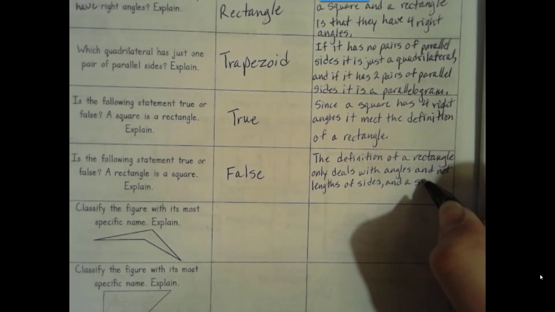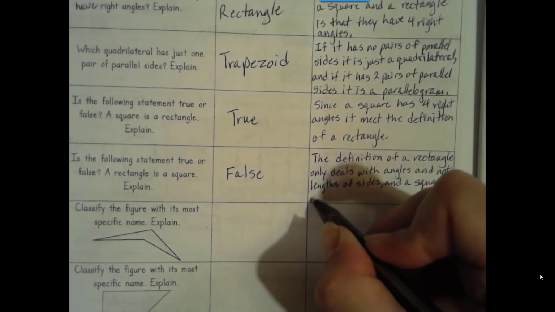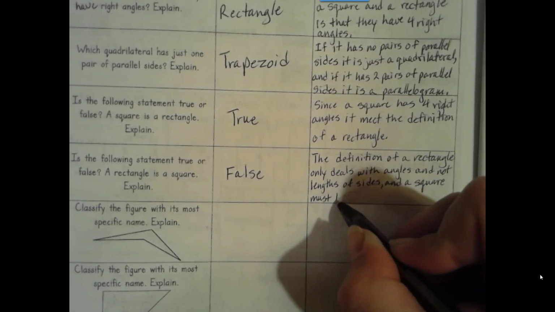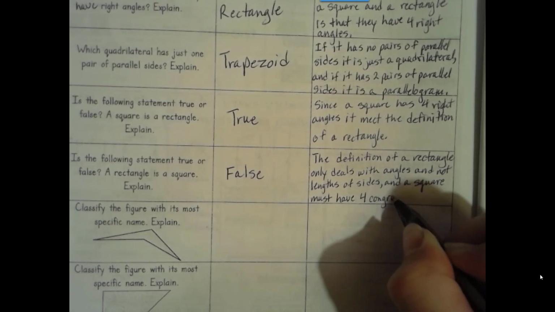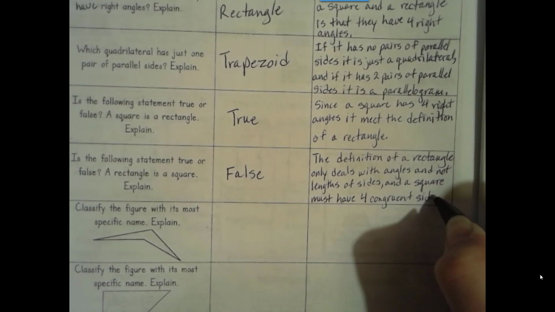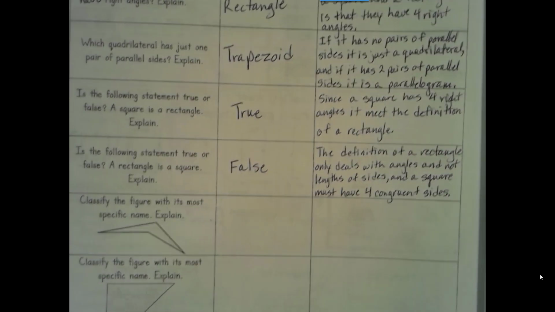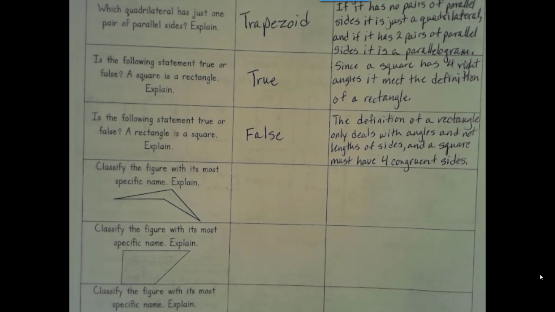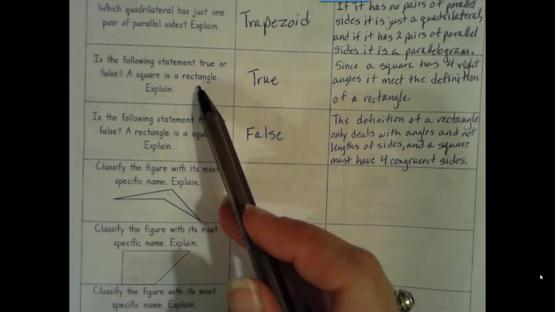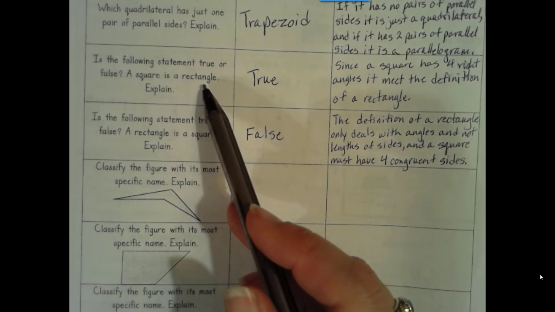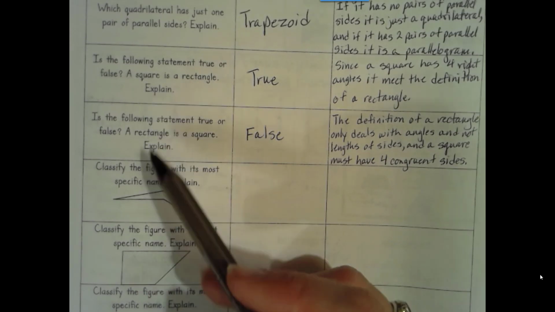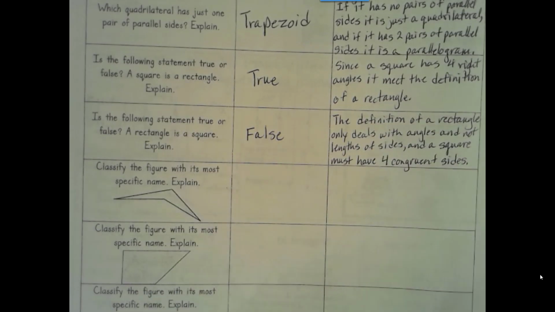And a square must have 4 congruent sides, or 4 sides with equal measure. So we can't guarantee a rectangle will always have 4 equal sides, so it can't be called a square. Since rectangles only deal with the angles, the 4 right angles, a square can be called a rectangle. But a square also must have 4 equal sides, so a rectangle can't be called a square.